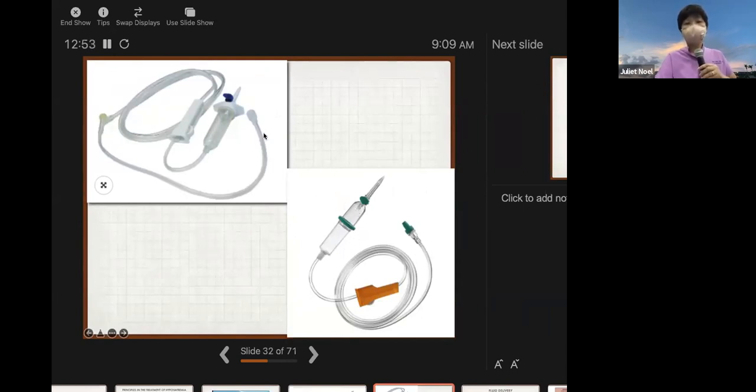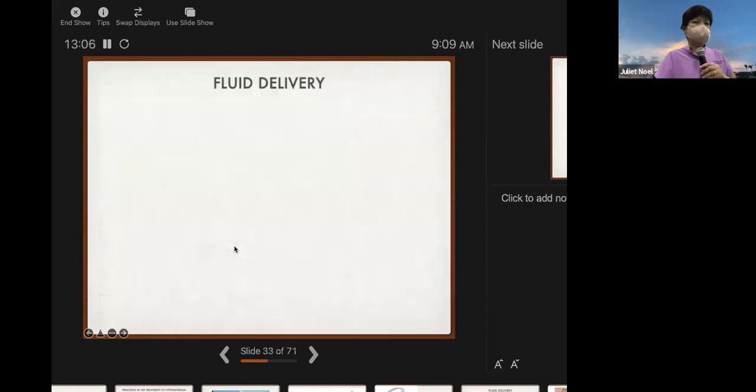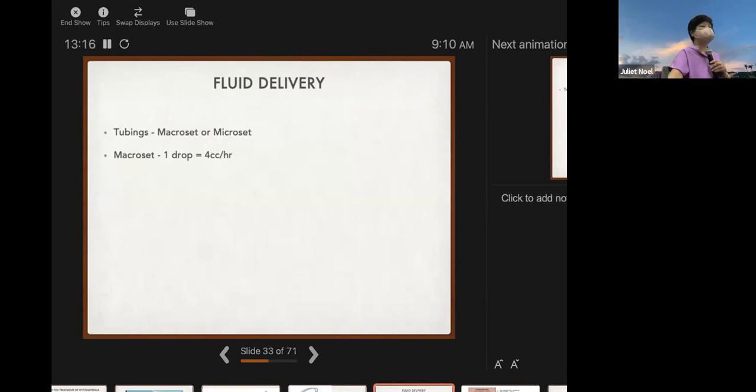If you look at it, there's a metal needle-like part. That's what we call the micro set. The macro is just the plastic. So what's the difference? For fluid delivery, if you use a macro set, 1 drop of that is equivalent to 4 cc per hour. Okay.